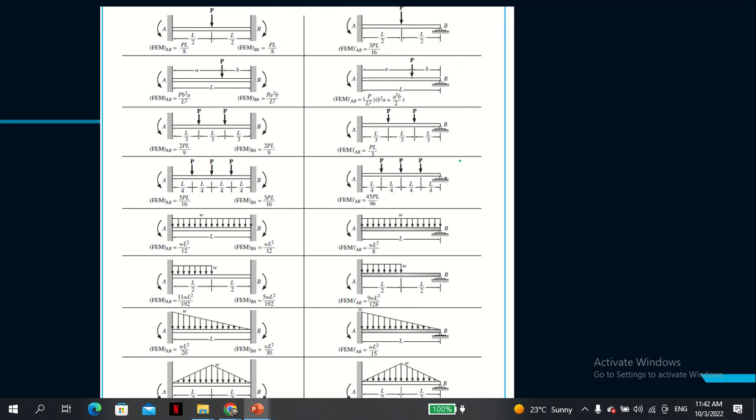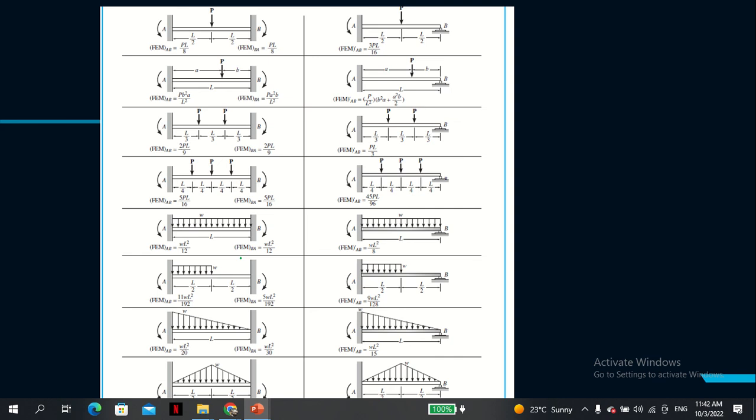But the first thing I have to tell you is these tables have to be your friend, because depending on the load arrangement of the beam that you have been given to solve, you should be able to calculate the fixed end values, because in fact you will need them.